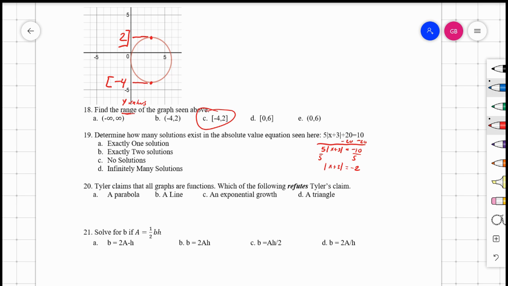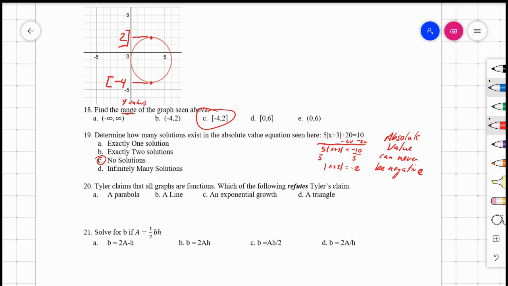But remember, absolute value cannot be negative. Absolute value is a distance. So this one is no solution. Cannot solve this one.